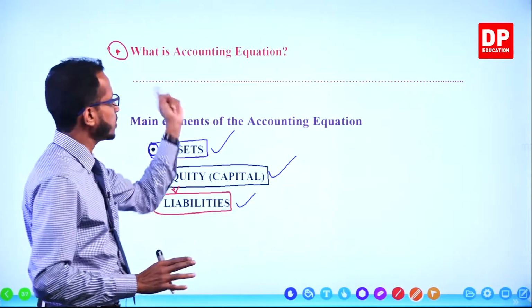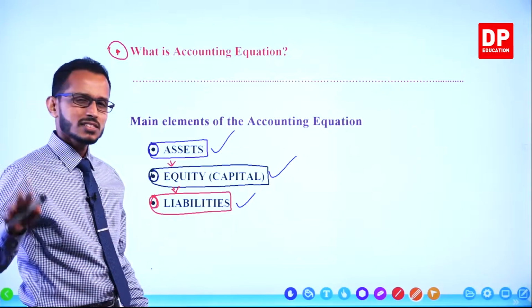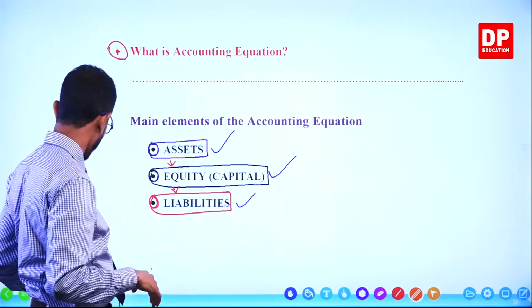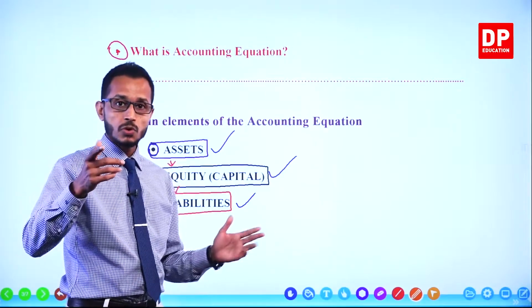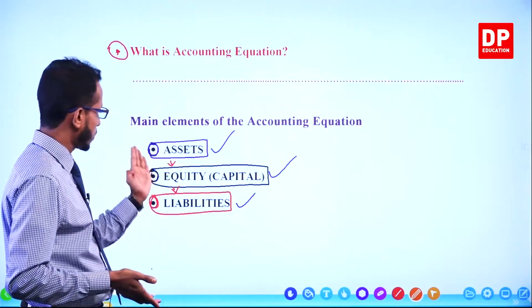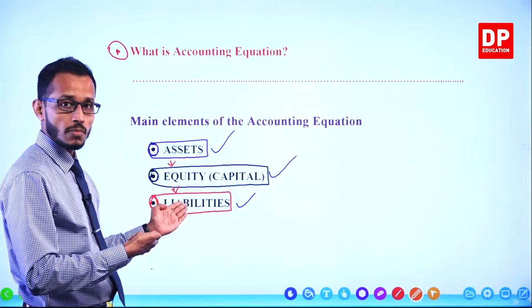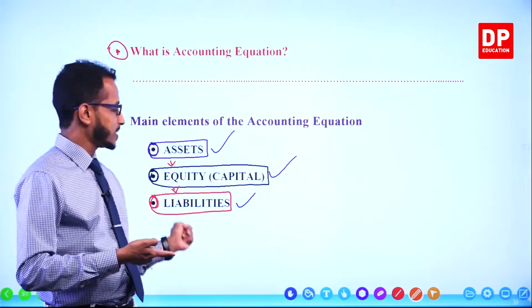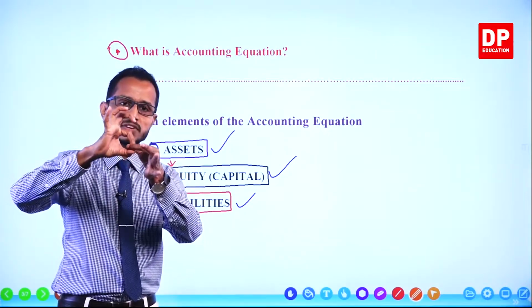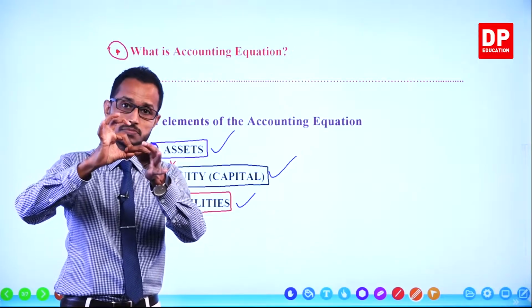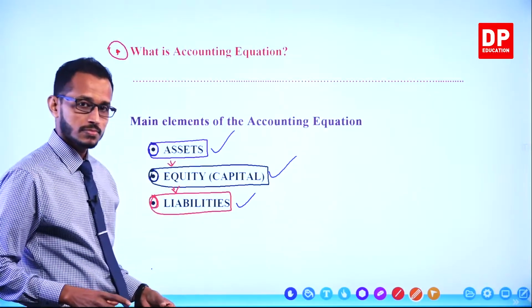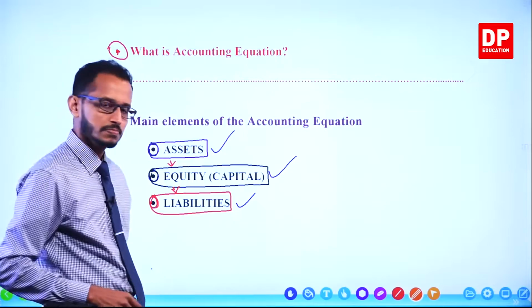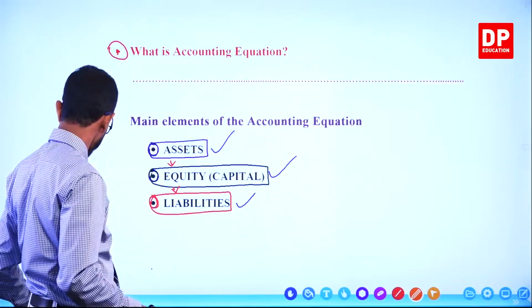Then I'll give you a simple definition. You already know that these three are shown by the accounting equation, the interconnection between these three elements. Let's see how it happens.